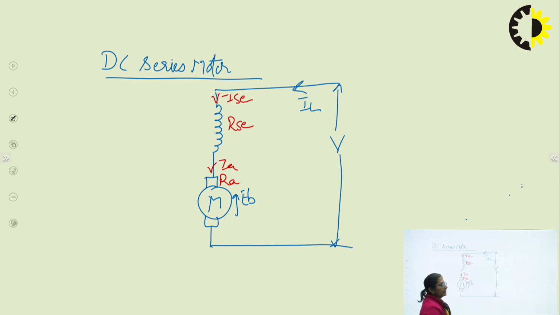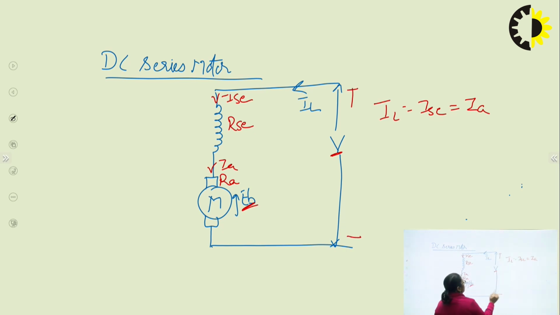Once again, I have three currents. The relationship between the three currents is IL equals ISC equals IA. All three currents are the same. It's a constant current in a generator, and it's a constant current in a motor. Now the voltage equation will change, right?